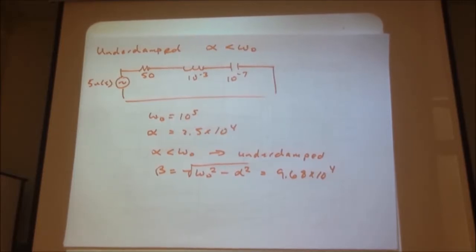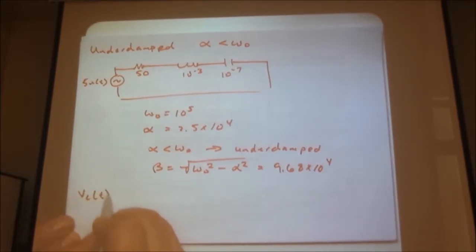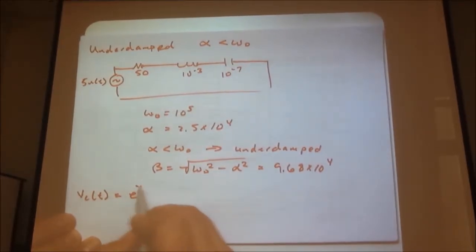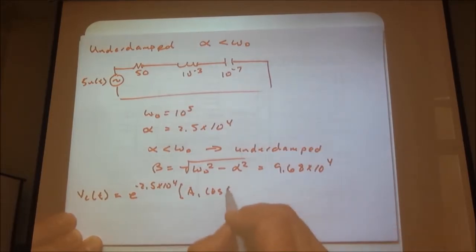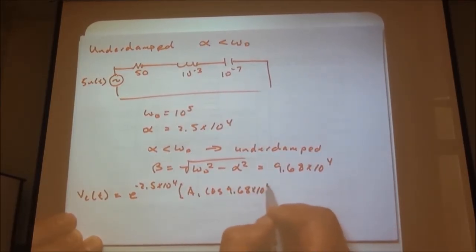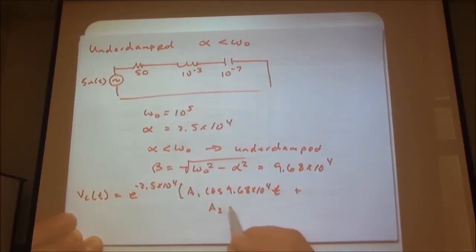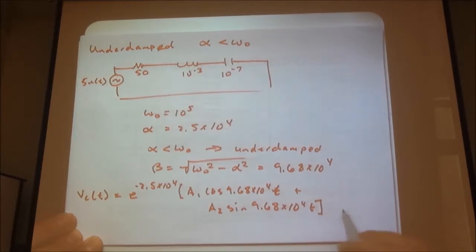And I've been leaving units off, but probably should get away from that. So, what is our solution form? vC of t equals e to the minus alpha t. Alpha is known, 2.5 times 10 to the 4, times A1 cosine beta t, which is again known, 9.68 times 10 to the 4 t, plus an A2 sine 9.68 times 10 to the 4 t, close bracket, plus an A3.